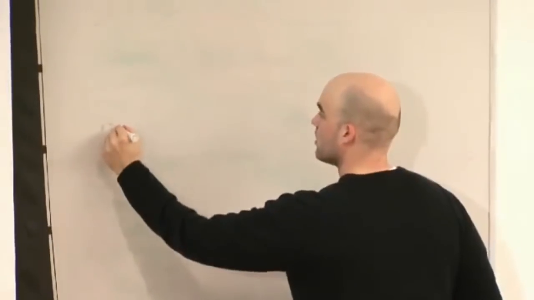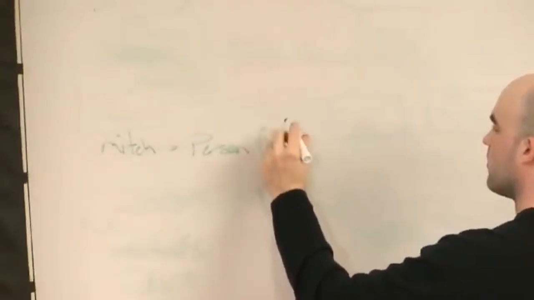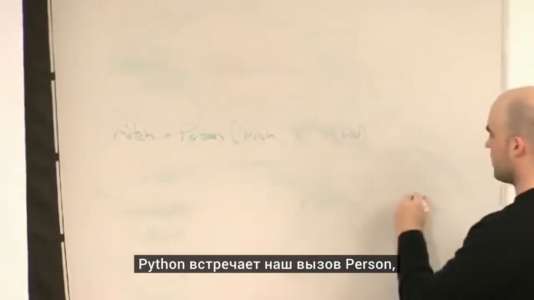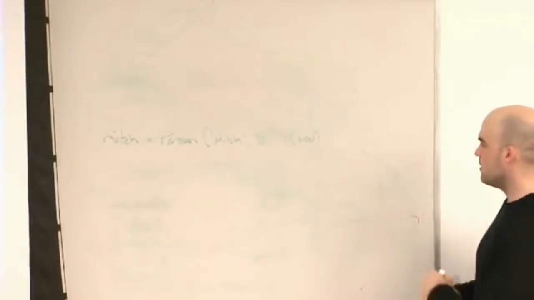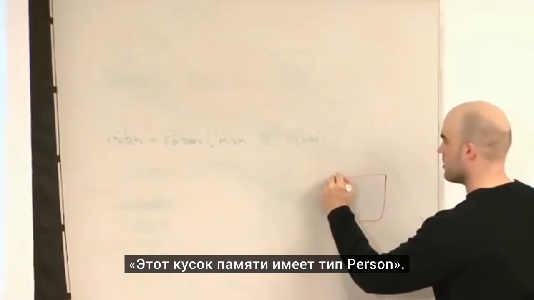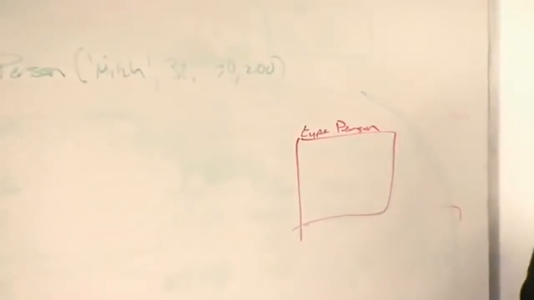Visually, let's say this is your magical memory. Python sees this call person, goes in, grabs a chunk of memory, and says, this chunk of memory is of type person, right?